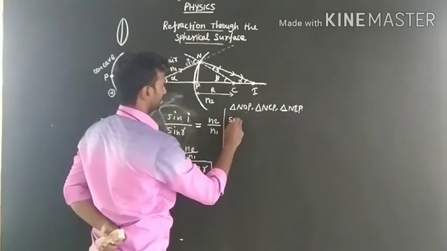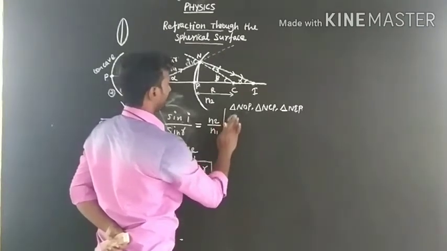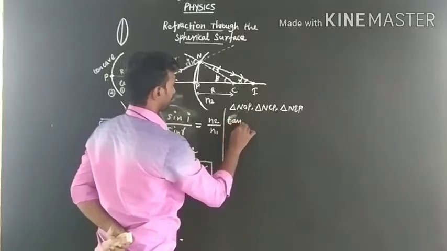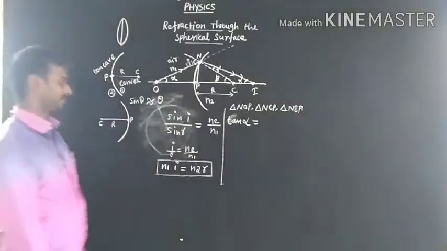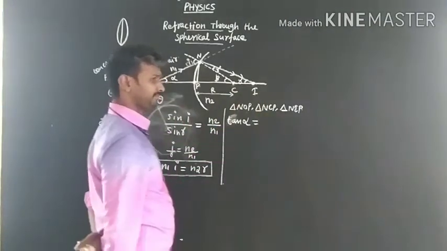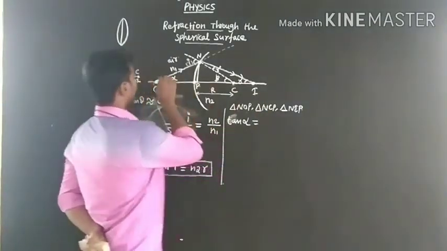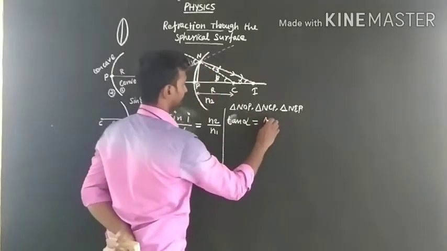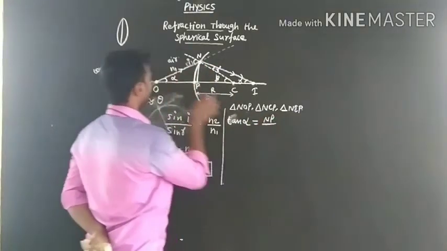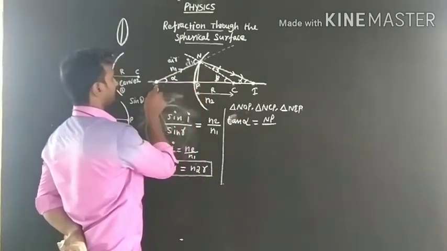Therefore, I am going to find out tan alpha. You know very well tan theta is equal to opposite side by adjacent side. Here the opposite side of this triangle is NP divided by the adjacent side of this triangle, PO.